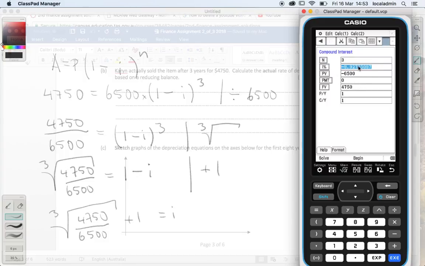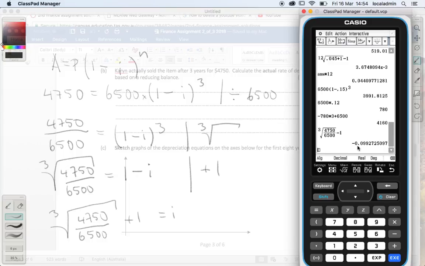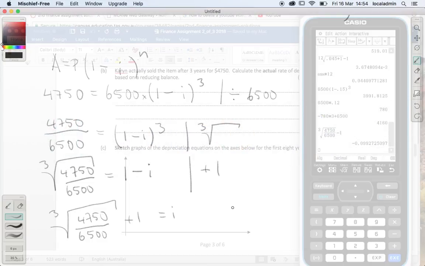Okay, so whenever you get a negative value there, it tells you it is reducing balance. It's a negative interest rate. Okay, 9.927, let's have a look what we got in main, 9.927. So we get the same interest rate there, 9.927, 9.93, whatever you want to call it, okay? So 9.927%. And that was that.